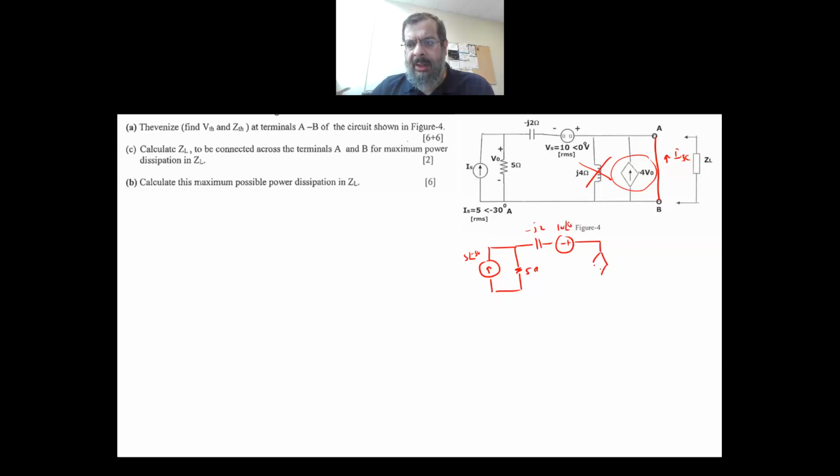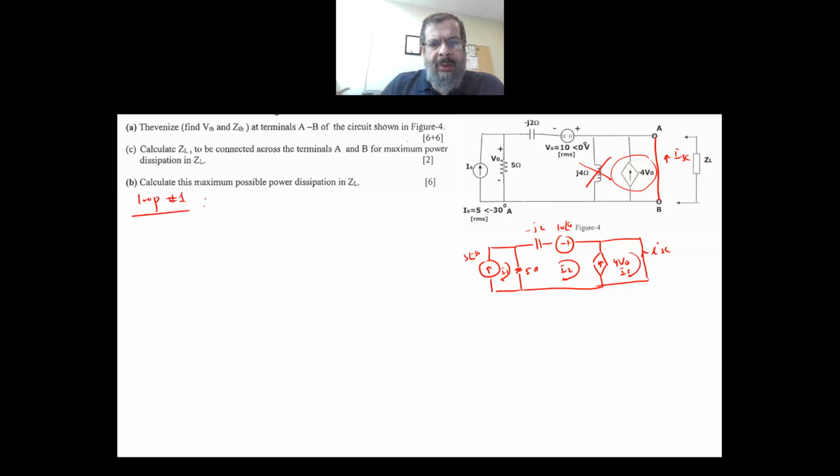And I will have here the current source for V0, and then I will have here my I short circuit. Now I will have here 3 loops: I1, I2, and I3.